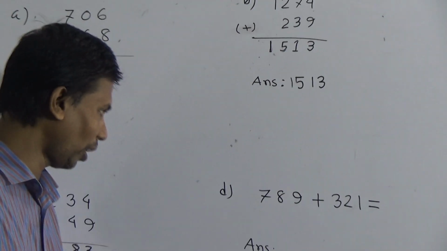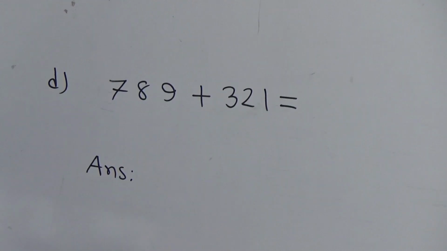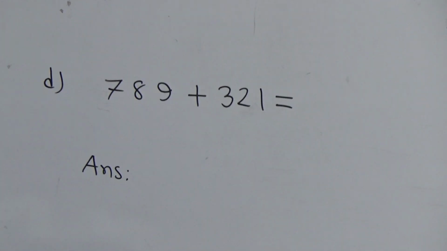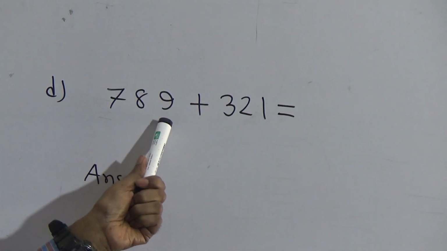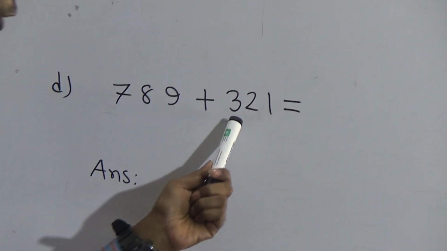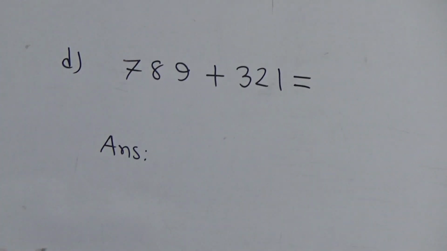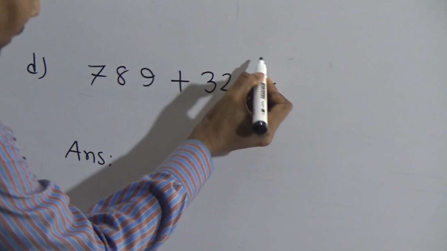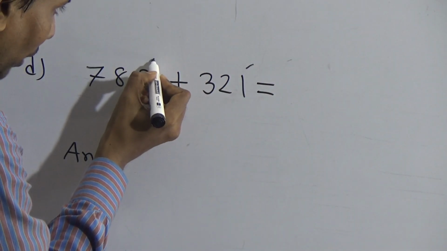Now I will solve question number D. You see here, please keep attention. There are 3 digits, and there are also 3 digits. Look. This is the ones place and this is the ones place.